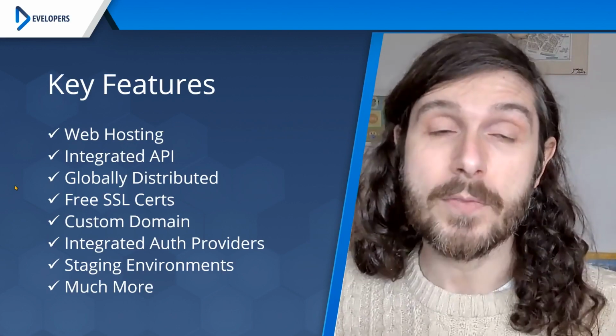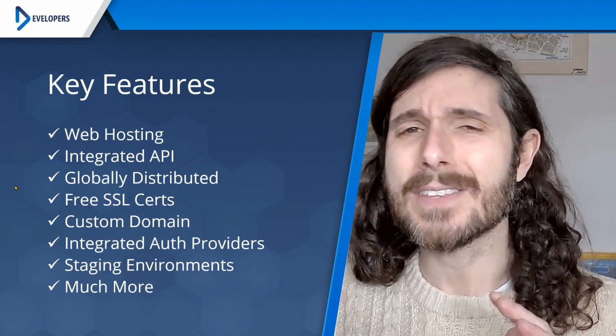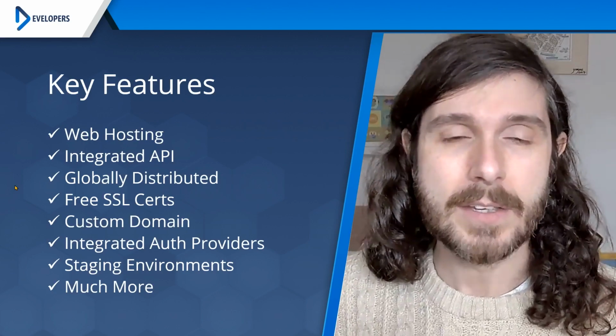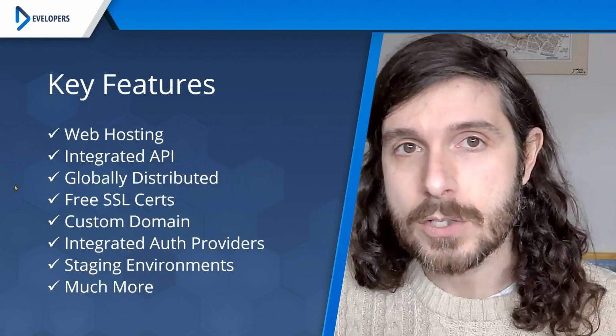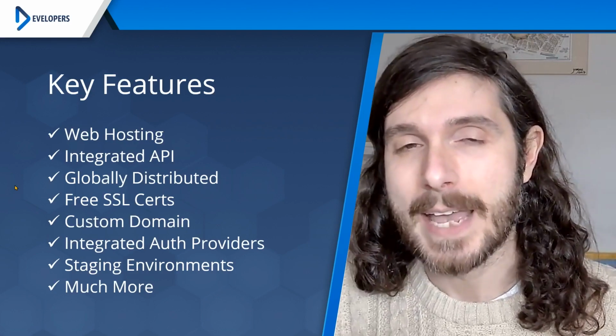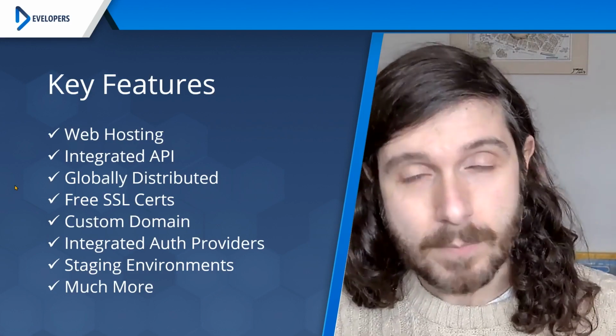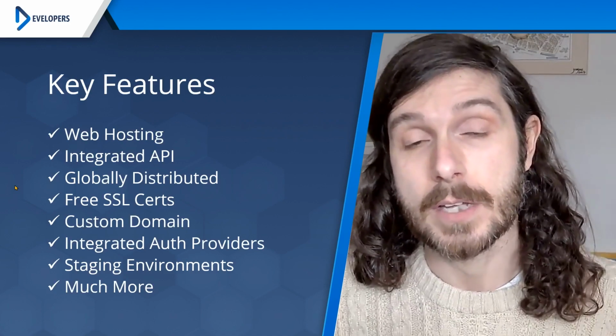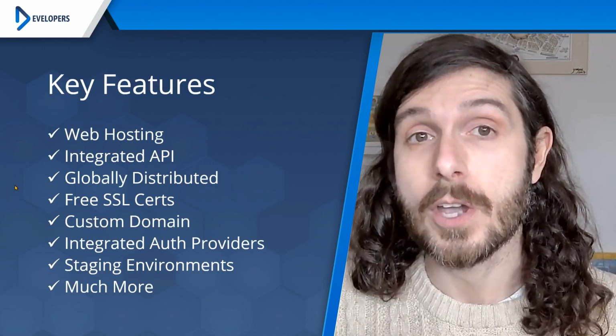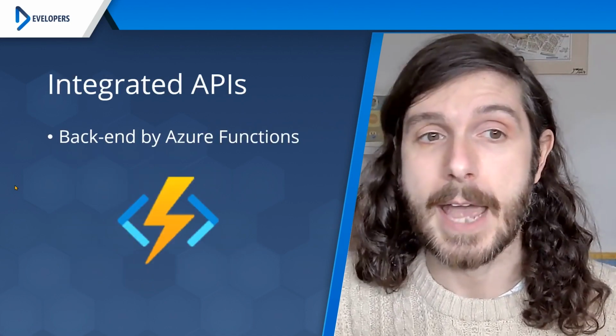You can integrate auth providers, you have staging environments, and there's so much more. You can think of it as, if you're hosting a website, you'd want the same exact features, and Azure Static Web Apps has many of them built in. Now, I'm not going to cover all of them, but I will put links into the documentation below so you can go ahead and browse through all the features that it has.